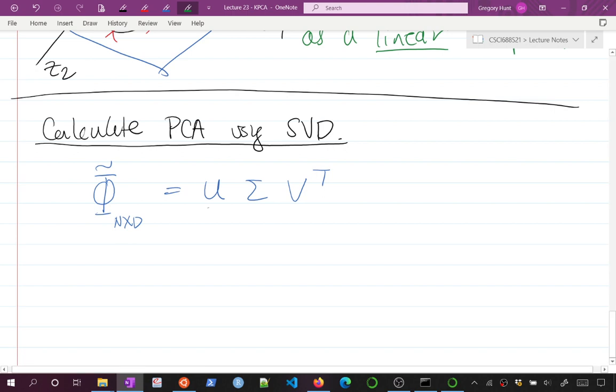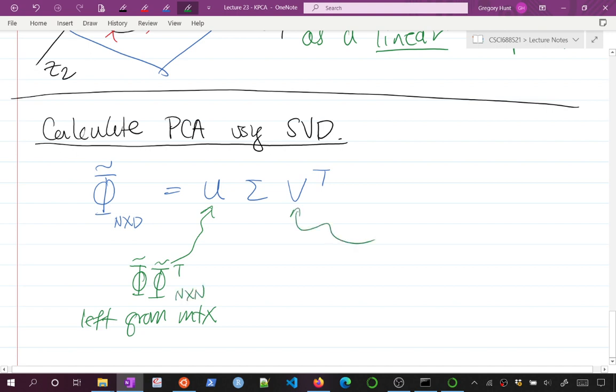The eigenvectors of U are calculated from what is called the left Gram matrix, which is phi tilde phi tilde transpose, named after a guy named Gram. This is going to be an n by n matrix. And the elements of V we get from the so-called right Gram matrix, phi tilde transpose phi tilde. We get the eigenvectors from the right Gram matrix.